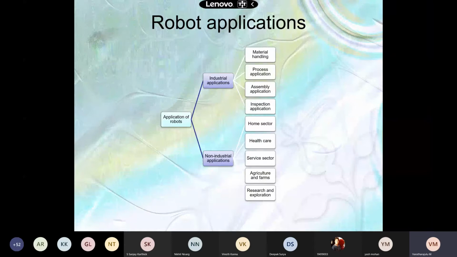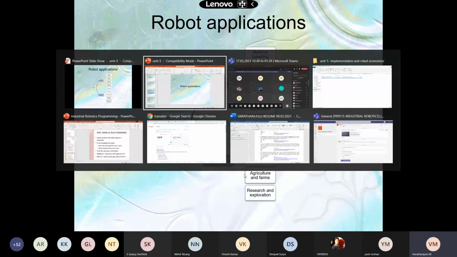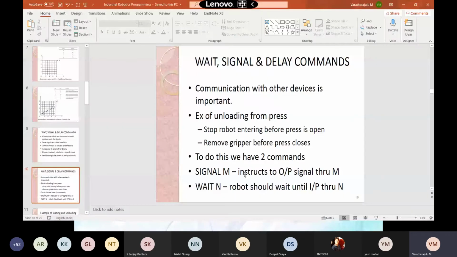This is what we have seen yesterday, and today we will target robot programming, which is in our syllabus, in the third unit. We will slowly introduce programming.